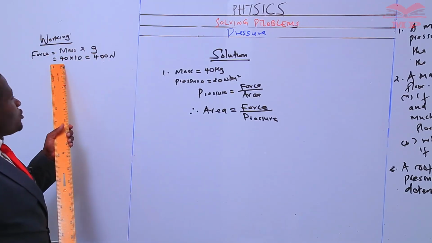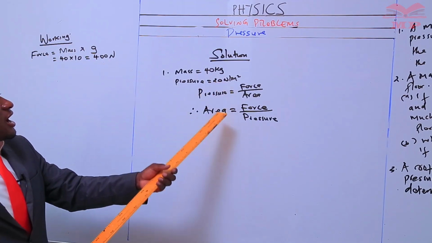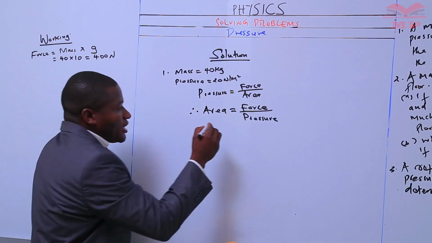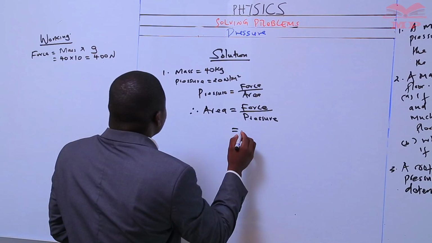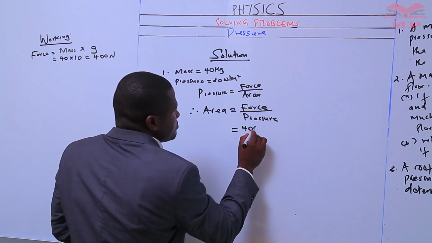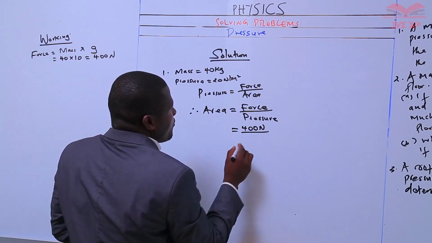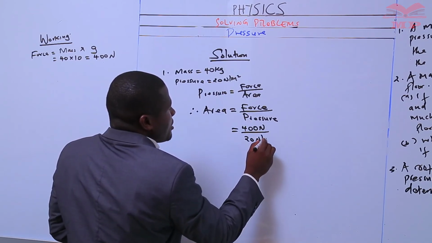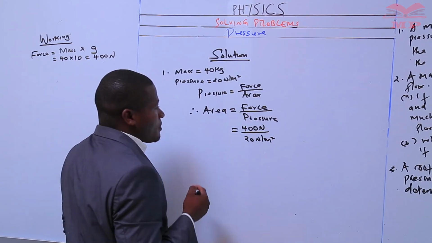So if I have force and I have pressure, I can substitute in my formula, then I get area. So my area is given by force, that is 400 Newton, over pressure, which is 20 Newton per meter squared.